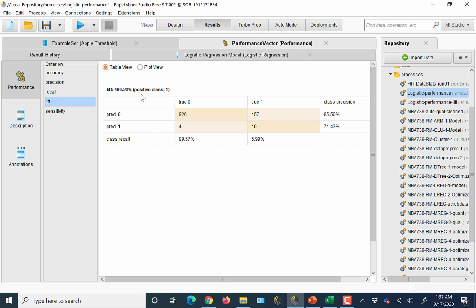So I hope you saw first of all how the lift is computed, and also what the interpretation of the lift is. Okay, it's trying to tell you how much better the model is at identifying cases that are from this one category, which in our case is CHT.